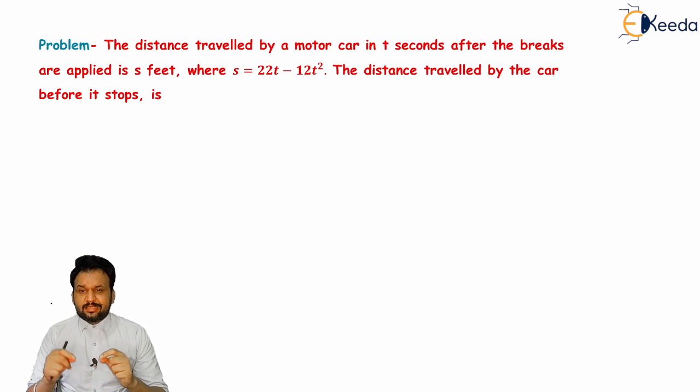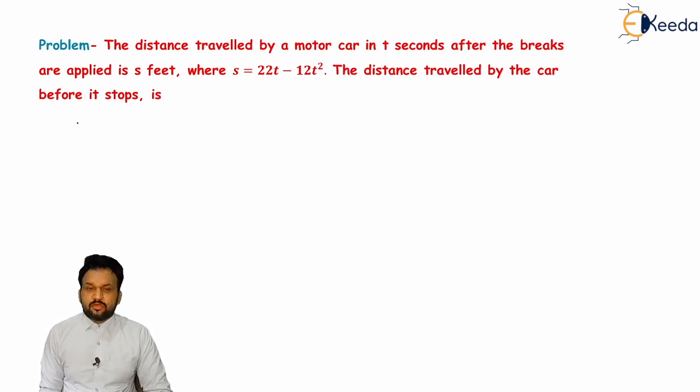It's a motor car that is moving with a proper speed. He has given that in t seconds, t is the time, and s feet is the distance, and s is also given in the form of a function, s is equal to 22t minus 12t square. So it means we have to start our question according to s.